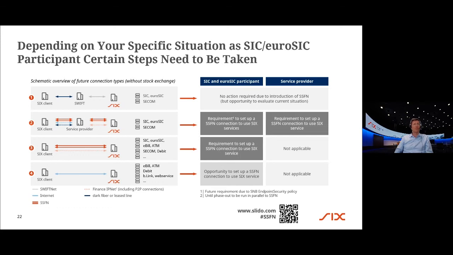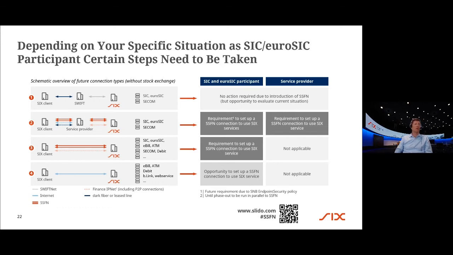So as you can see, and as Sebastian mentioned, in a first step, of course, those parties with a direct connection, i.e. number 3, are required to set up an SSFN connection. The service bureaus, the service providers, which Thomas also just mentioned, are also required to set up an SSFN connection.